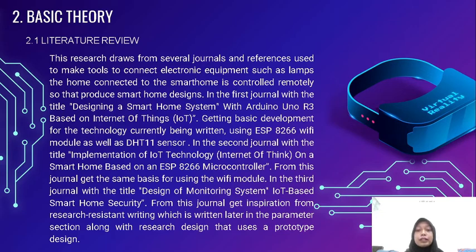The first journal is titled Design of a Smart Home System with Arduino Uno based on Internet of Things, IoT. It guides basic development for the technology currently being written, using the ESP8266 Wi-Fi module as well as the DHT11 sensor.